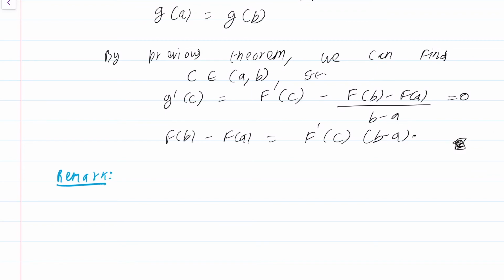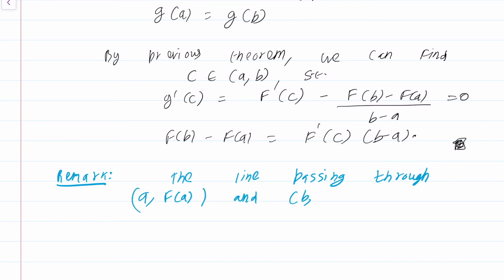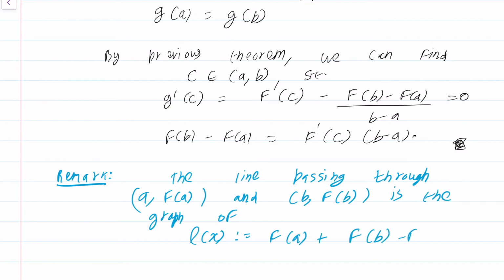The line passing through (a, f of a) and (b, f of b) is the graph of L of x, which by definition is equal to f of a plus f of b minus f of a by b minus a into x minus a.